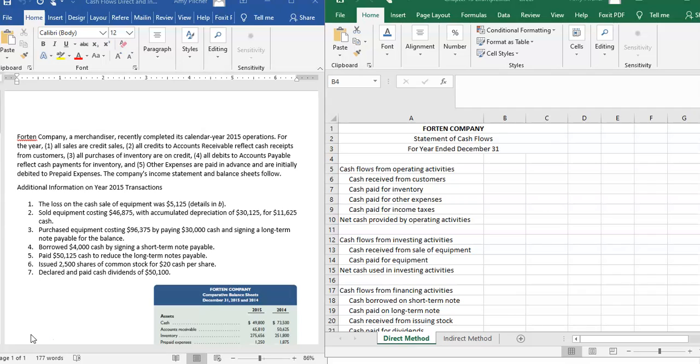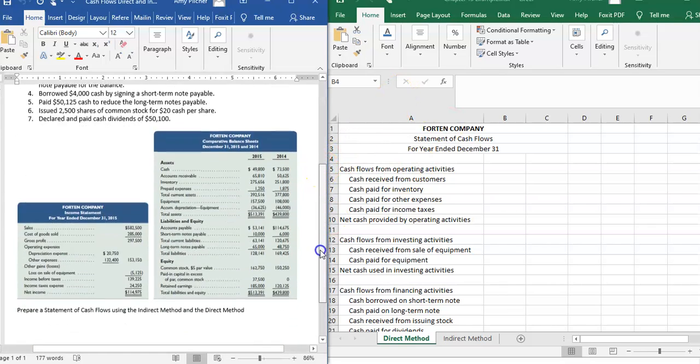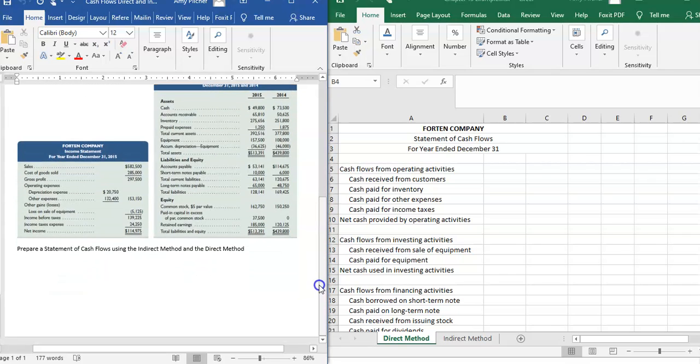So first we're going to look at the statement of cash flows using the direct method. So we have cash received from customers, and then cash paid out for our various expenses. First we're going to look at the cash received from customers. For the cash received from customers, we need information from both the income statement and the balance sheet.